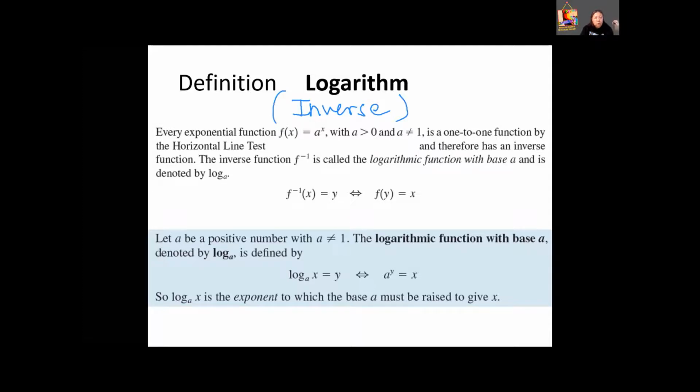So the logarithmic function is the inverse of the exponential function. Then the exponential function is the inverse function of the logarithmic function. Then with one-to-one and the horizontal line test, we can verify they are inverses of each other.